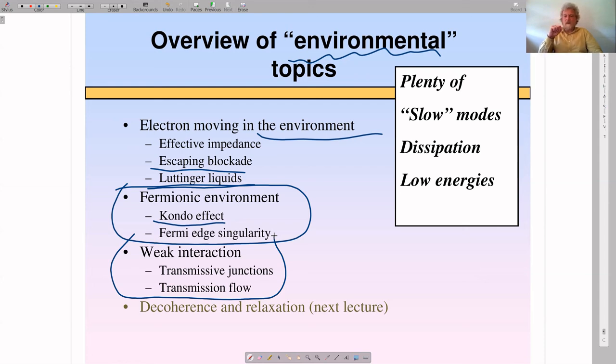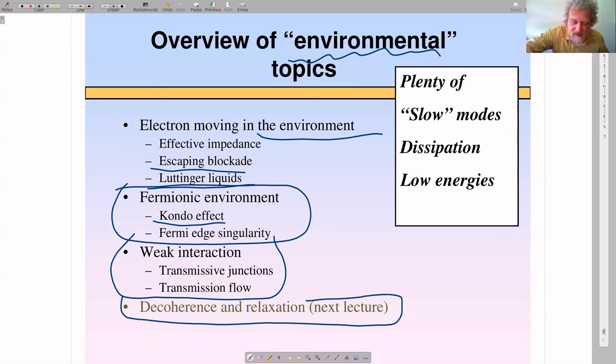That's all about the assumptions, about decoherence and relaxation in these setups. And that will be the topic of the next lecture.